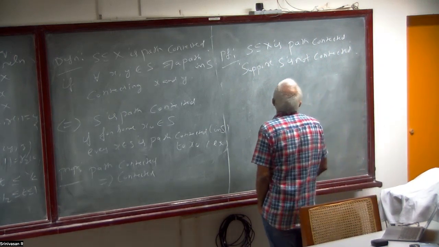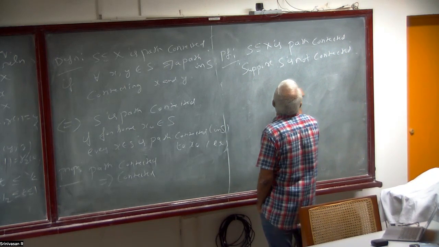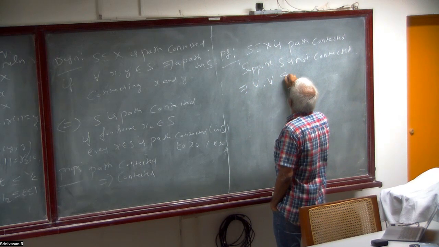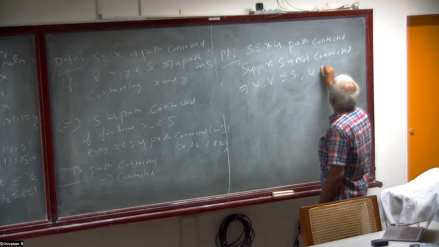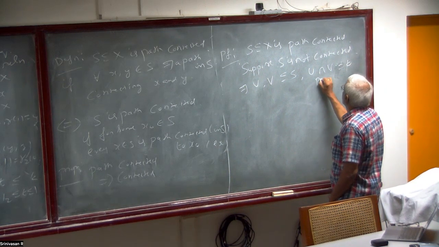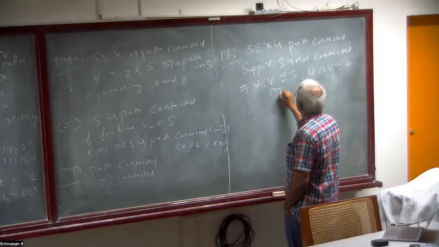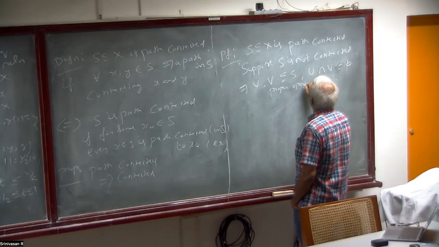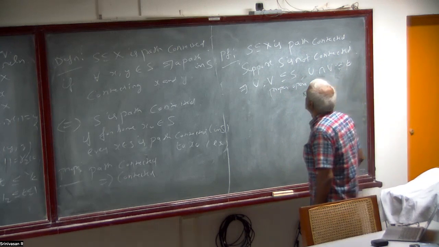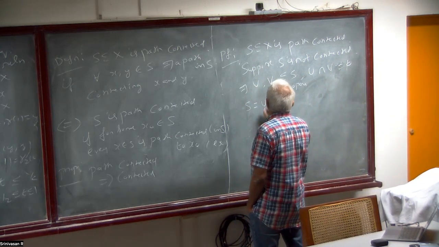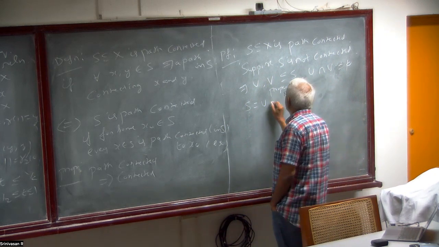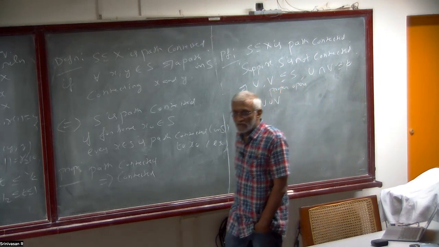So suppose S is not connected, then there exist U, V contained in S, proper open subsets, such that U intersection V is empty, and S is U union V.